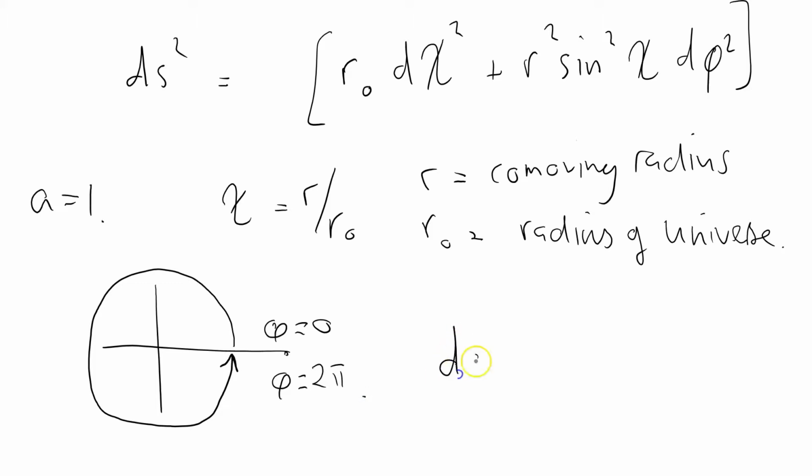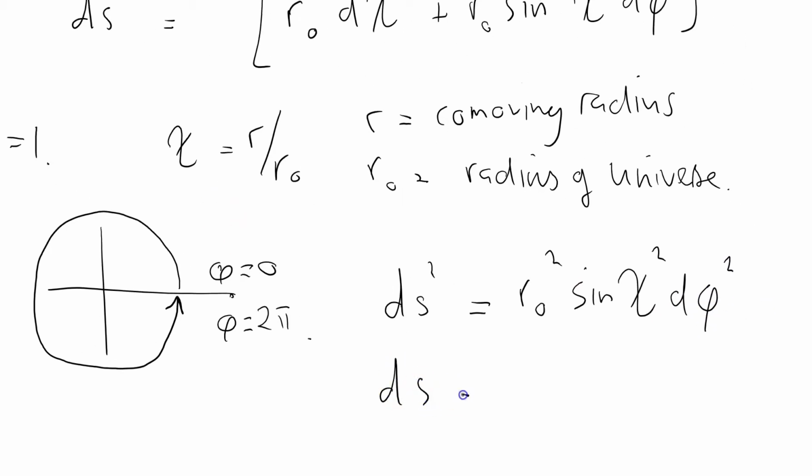So we've got that ds squared equals, there should be an r0 there, r0 squared sine squared chi d phi squared.